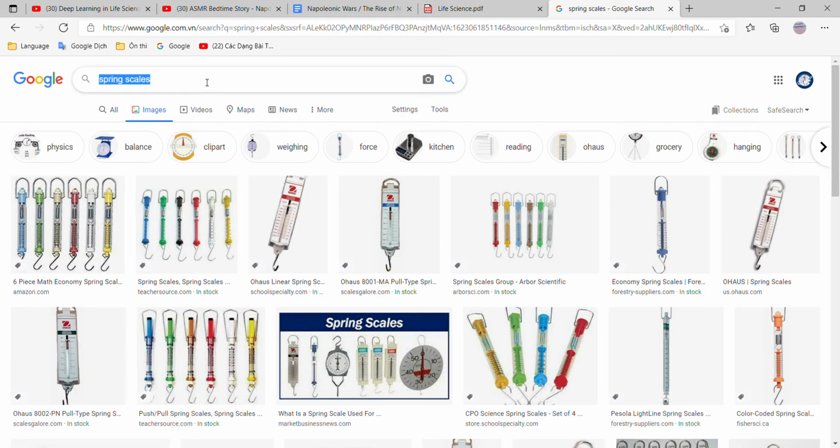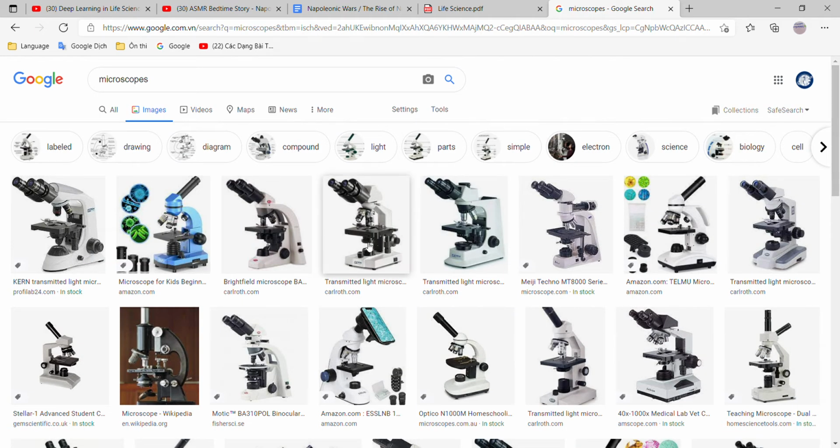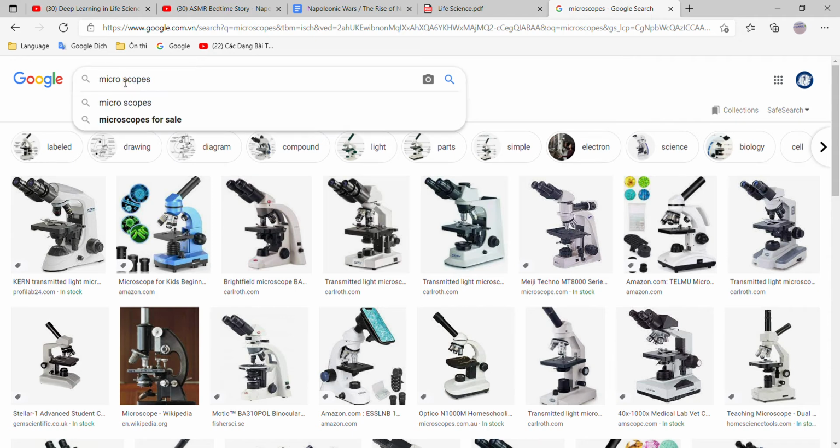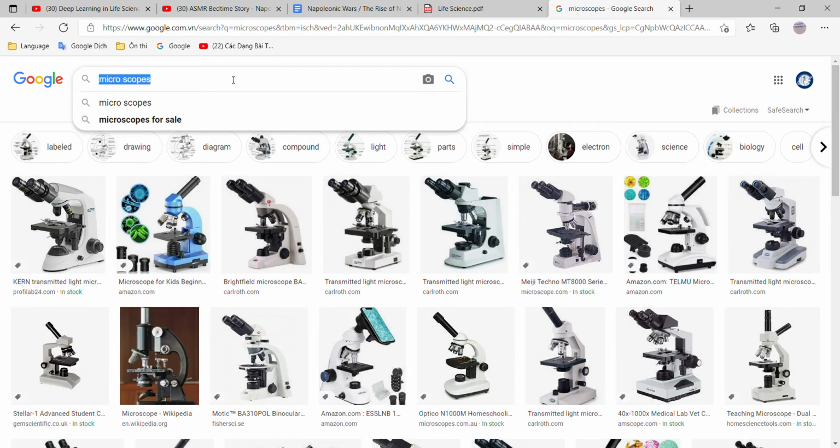What does microscope mean? Oh, so we can understand it by microscope, binocular. It's great.